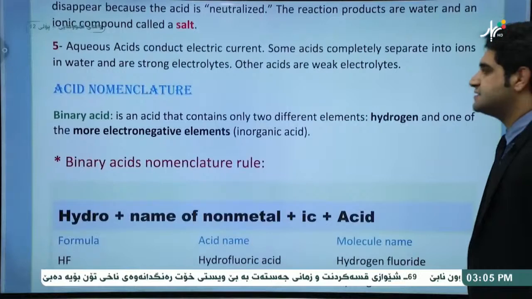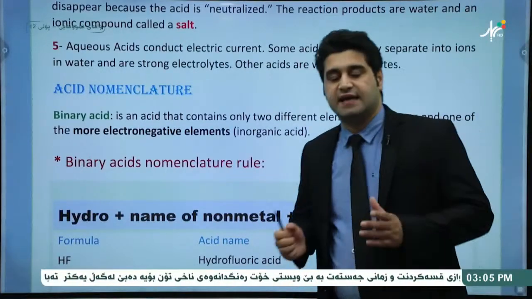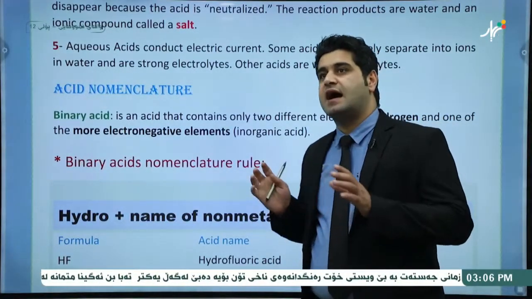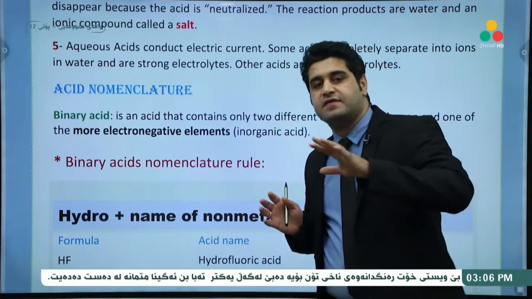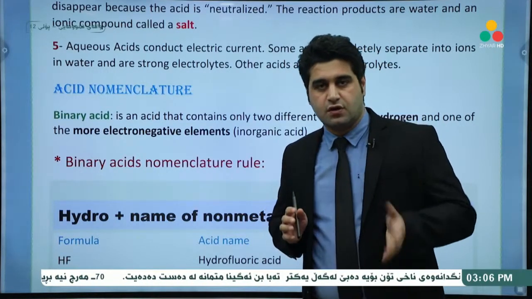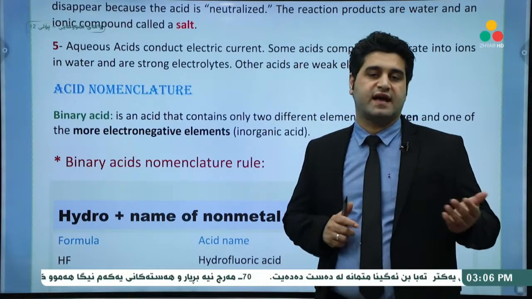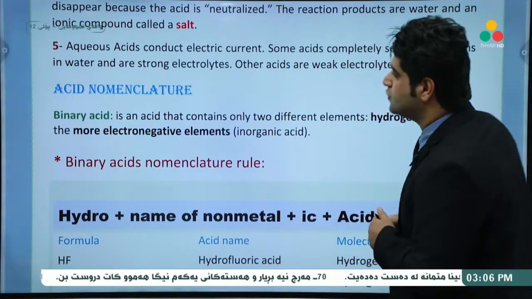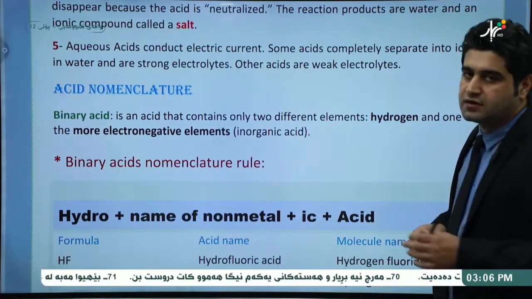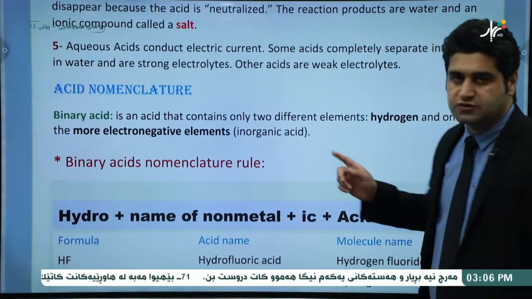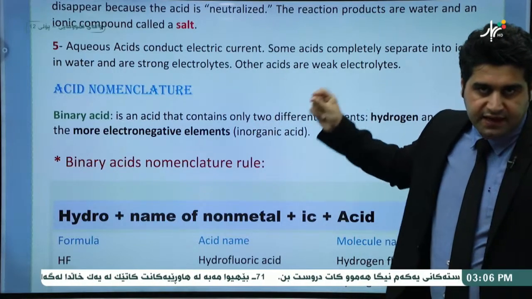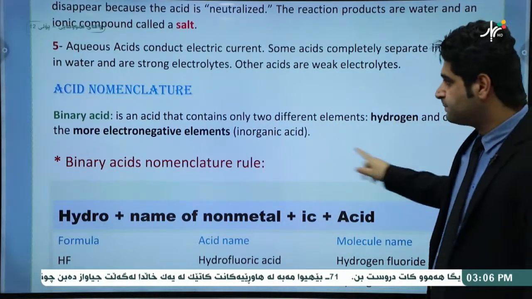Aqueous solutions of acids can conduct electricity. If you remember, acids are electrolytes, either strong or weak. Strong acids are strong electrolytes, weak acids are weak electrolytes due to the presence of a trace amount of ions in their aqueous solution. That's what I mean by weak acids.